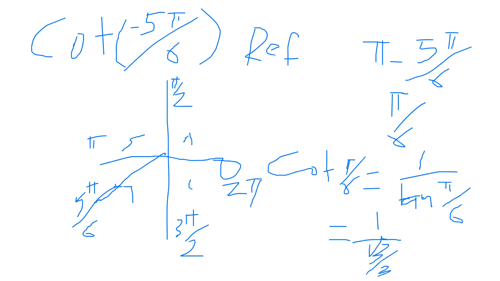Some of you can write it this way: tan pi over 6 is the same as 1 over root 3. Then the answer will be root 3. It's the same thing.